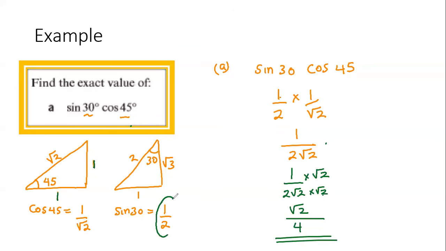I come here. This is the opposite and this is the hypotenuse. Oh, okay, now I get it. Here we were now converting the cos of 45.